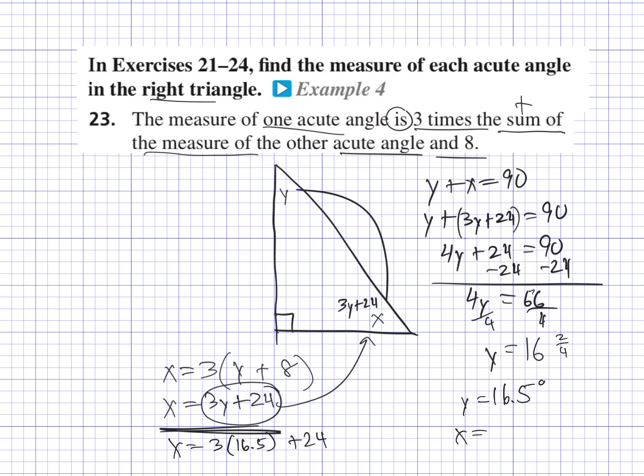Okay. 3 times 16.5 is 49.5 plus 24. So use your calculator. 49.5 plus 24, 73.5. Okay. There you go. The other acute angle.